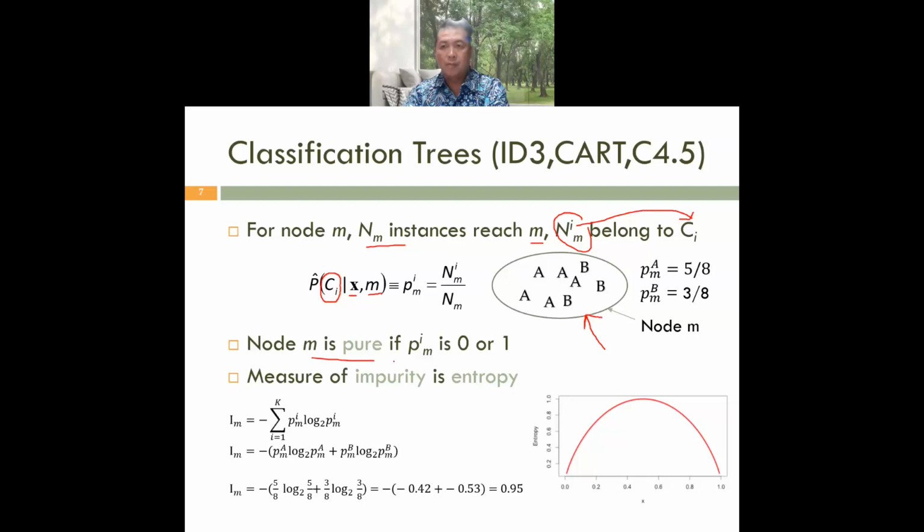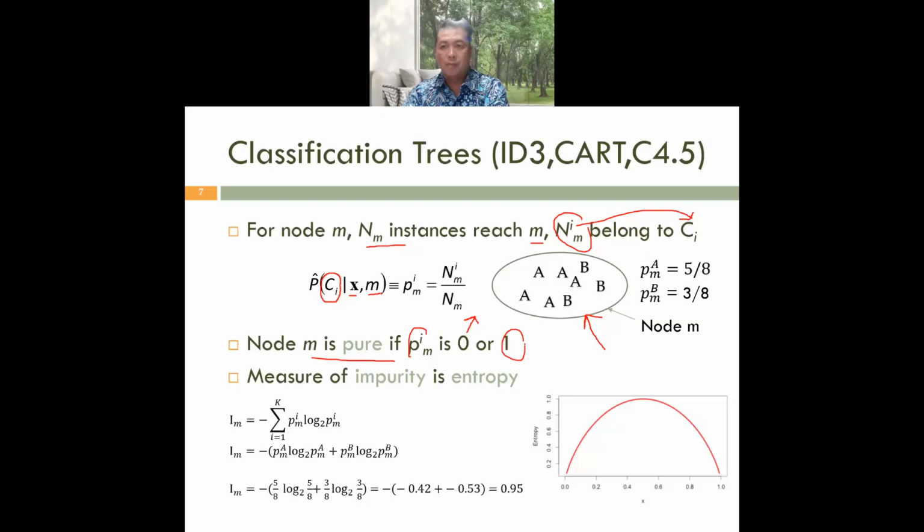If a node is pure, then the probability of having that class will be 0 or 1. 0 is when none belong to that class, and 1 is when all of them belong to the same class. 50-50 is when you have a mix of different classes.